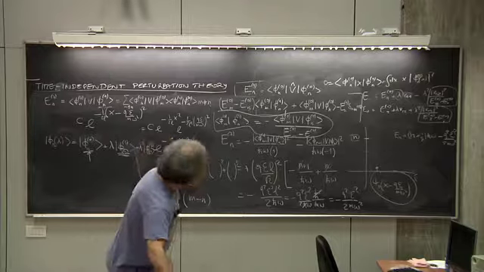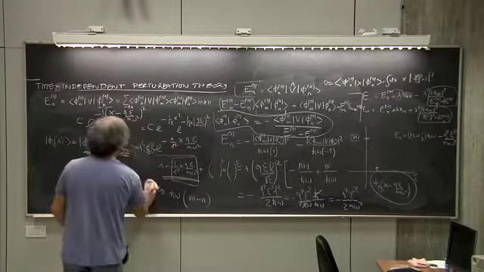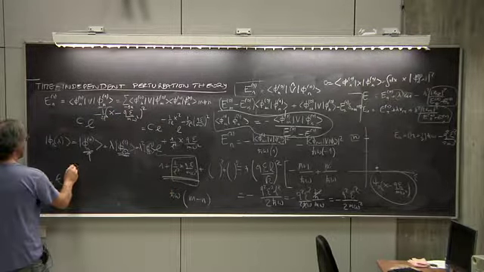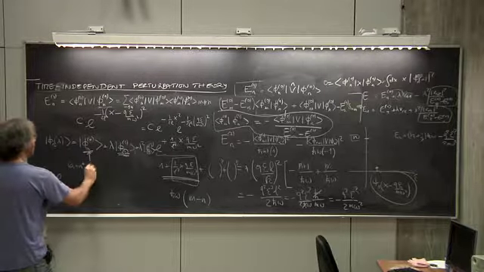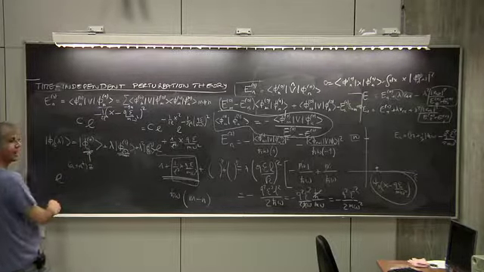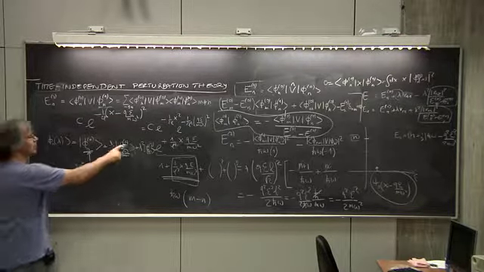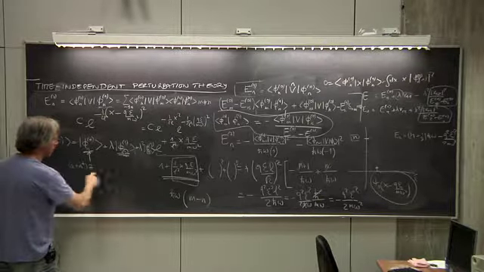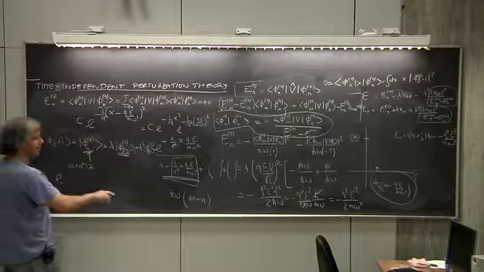Maybe if I write this as e to the a plus a dagger times something, okay, you realize that what you are doing here is to try to expand this into objects that have powers of a daggers and powers of a.